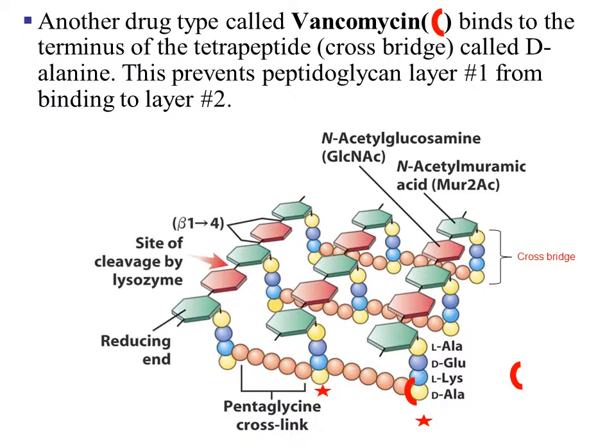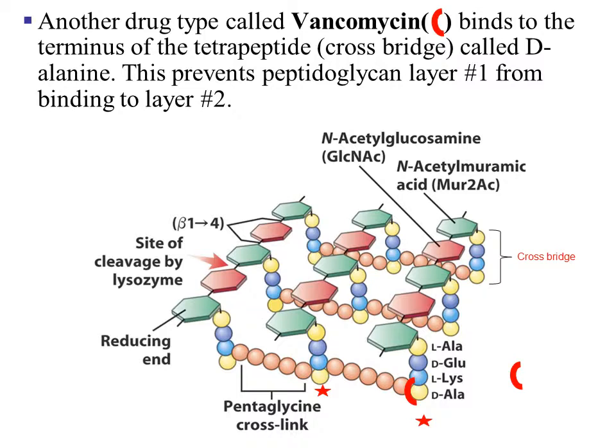The next drug category is called vancomycin. Vancomycin is going to be a drug that will bind to the terminus of the tetrapeptide. The last amino acid that is on the tetrapeptide is called D-alanine.